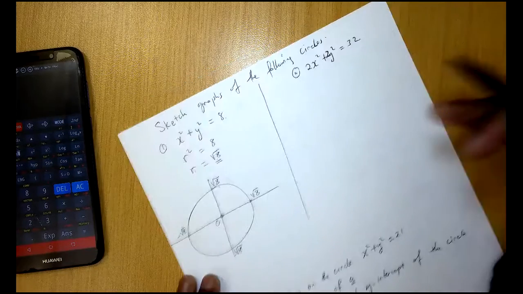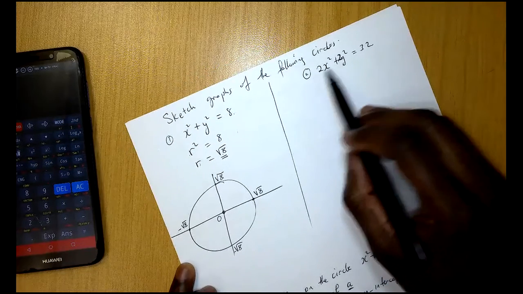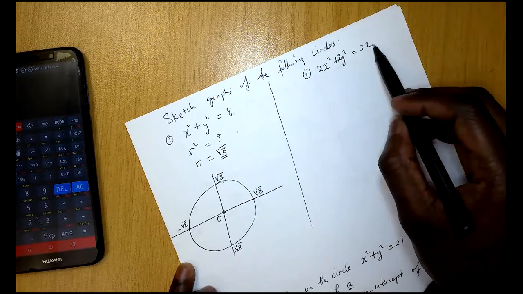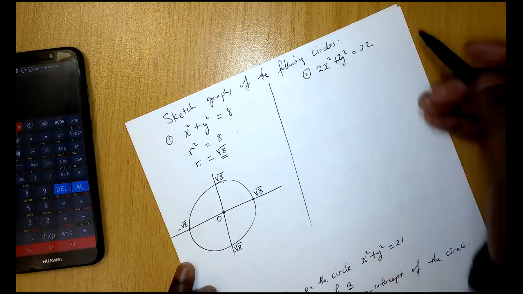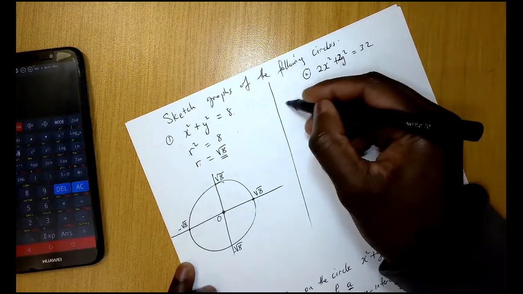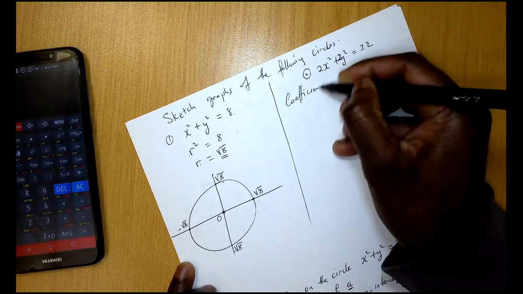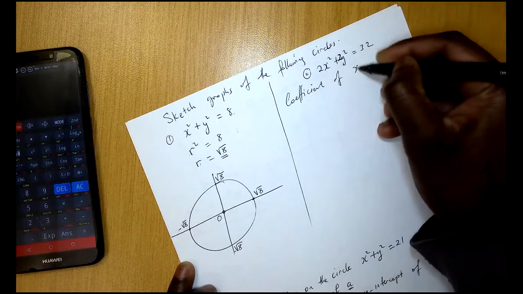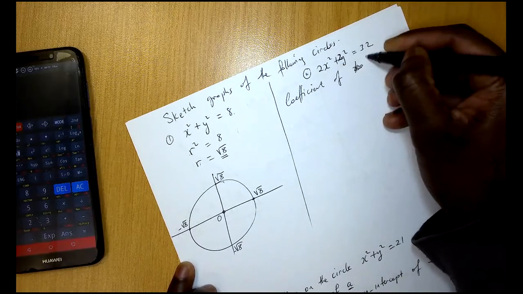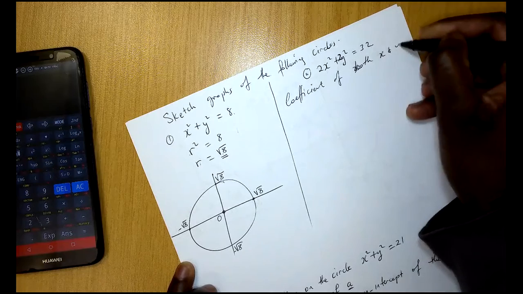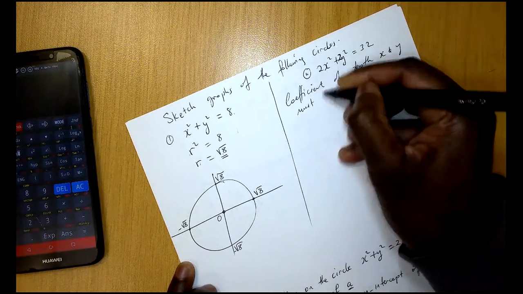Then another scenario here is 2x squared plus 2y squared is equal to 32. What must you do now? Your coefficient of both x and y must be 1.